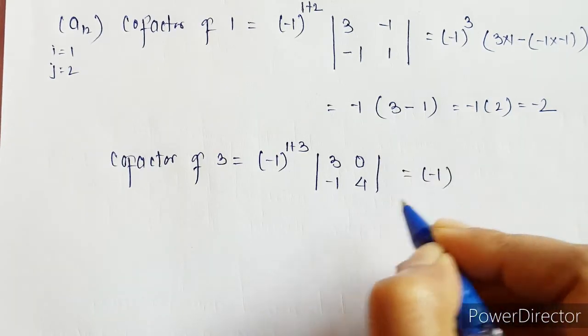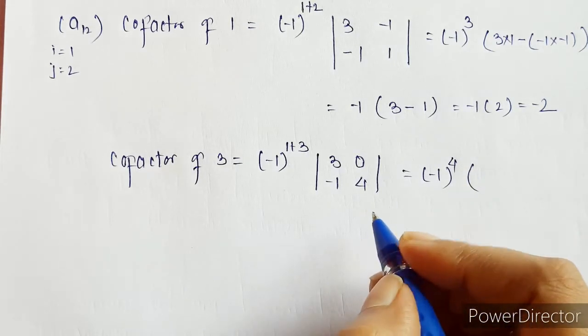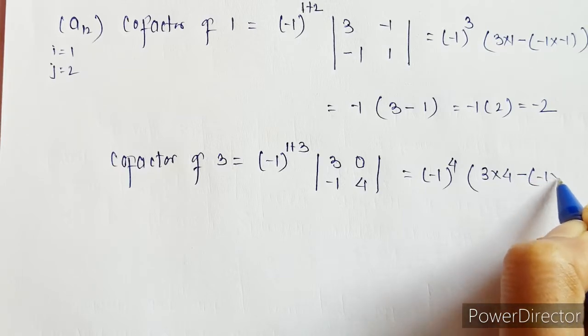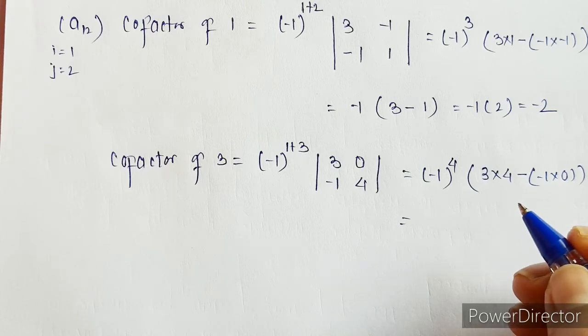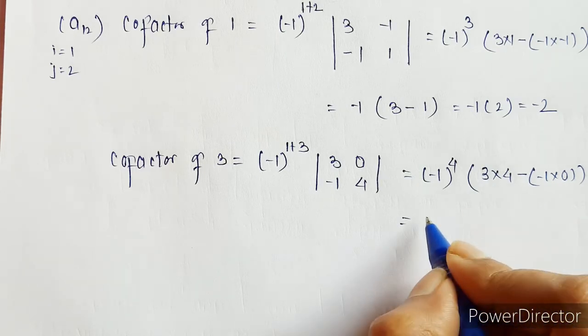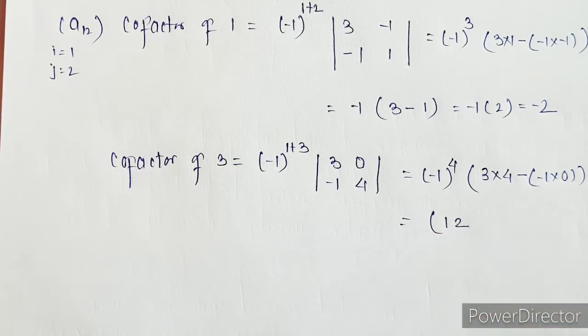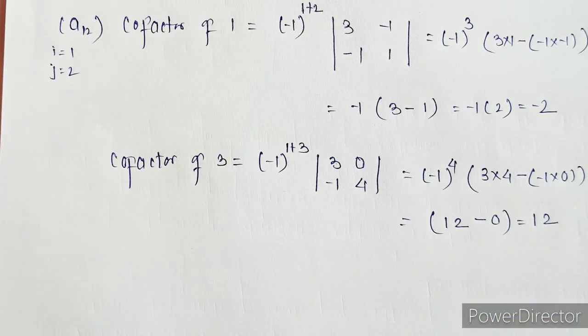So this will be minus 1 raised to power 4 and the determinant of this, that is 3 into 4 minus 1 into 0. Since the power is 4, the negative gets cancelled, so what we have is plus 1. And here 3 into 4 is 12, minus 0, which is nothing but 12. So the cofactor of 3 is 12.